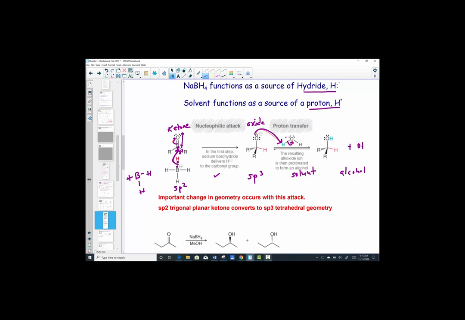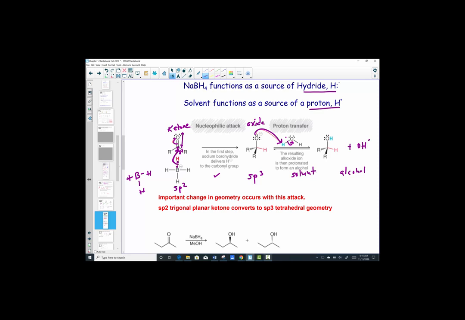And then, of course, hydroxide would be resulting from that proton transfer. So in step 1, we use the sodium borohydride, the reagent, to create the alkoxide anion. And then in the next arrow, we protonate the alcohol with the solvent. So this is the mechanism here.